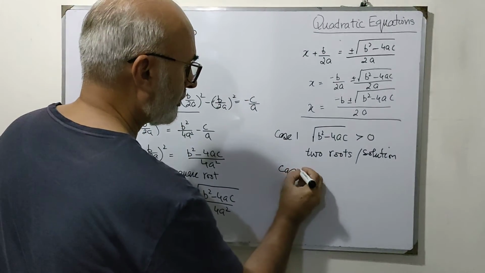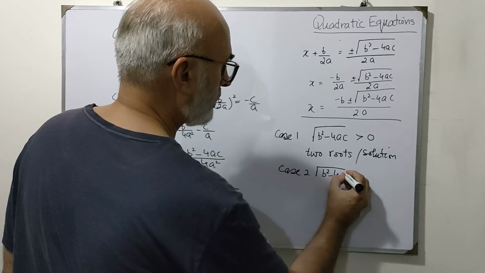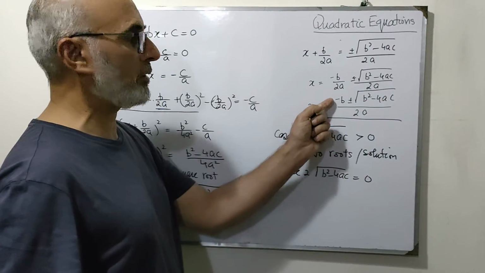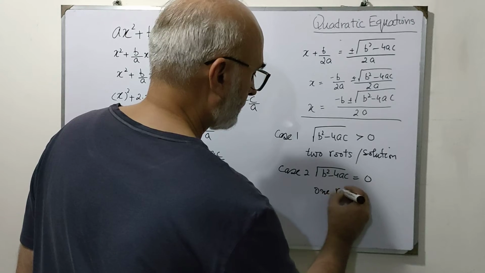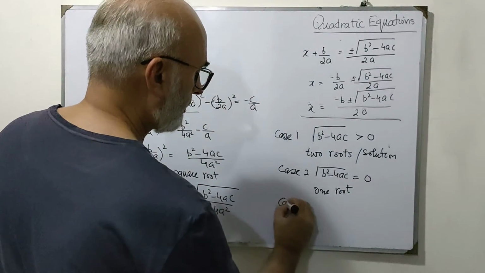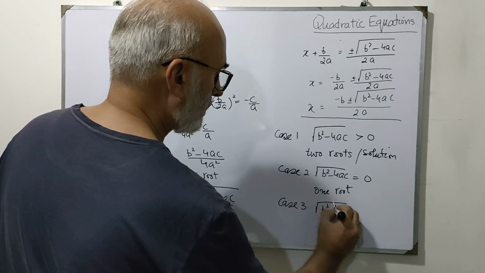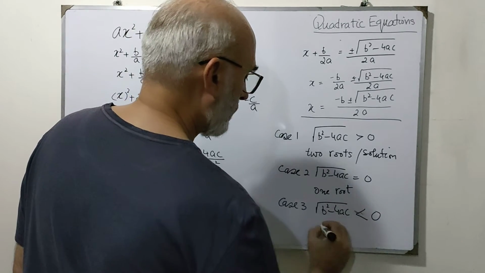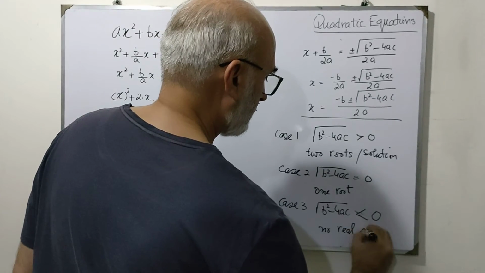Case 2: if this is equal to 0, then we are left with minus b over 2a, only one root. And case 3: b square minus 4ac is less than 0, no real solution.